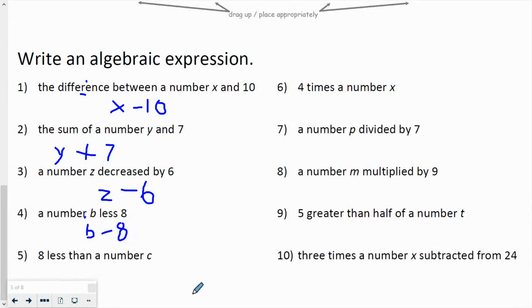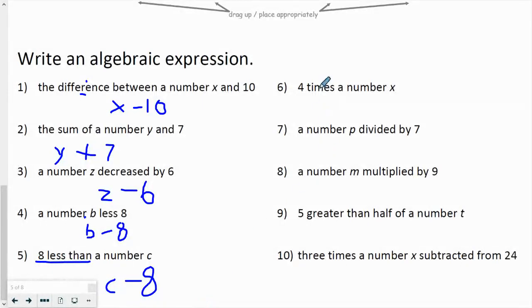Now 5 is one where I see some kids get stuck, because if you don't really think about what they're telling you, you get your order mixed up. Okay, so 8 less than. Right there tells me how much I'm taking away. I'm taking 8 away from something. And it told us the number C. So C minus 8. Okay, that's where looking for those keywords and knowing what they mean is going to help you.